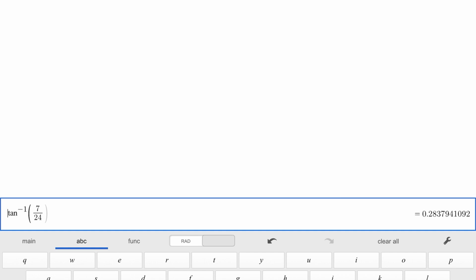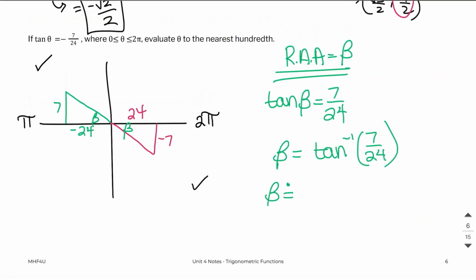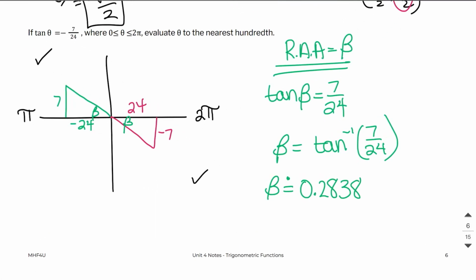I'm going to actually store this in as B in my calculator here, because this is not my final answer and I want to have an accurate answer. So we're going to say here this is approximately 0.2838. I'm going past the hundredths place because this is not my final answer, but either way, I'm going to use B in my calculator instead of typing in 0.2838.